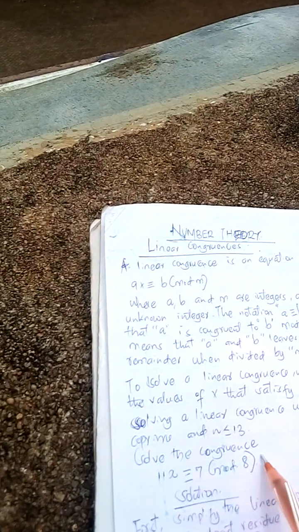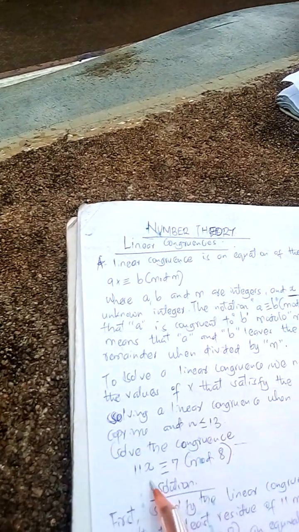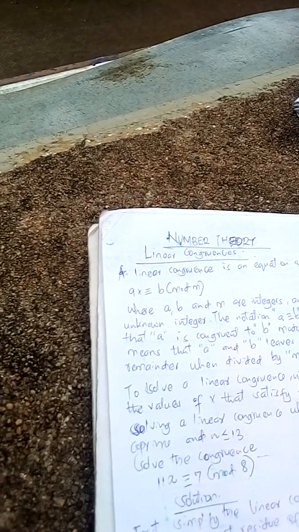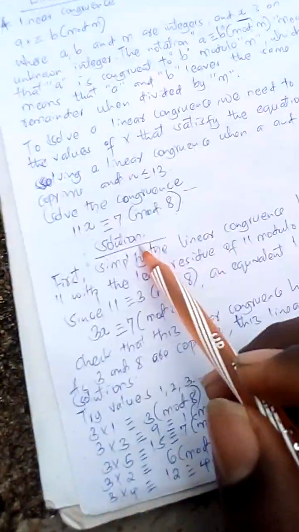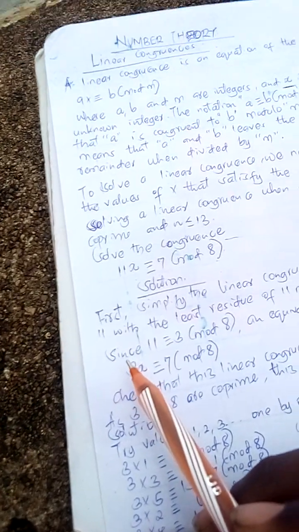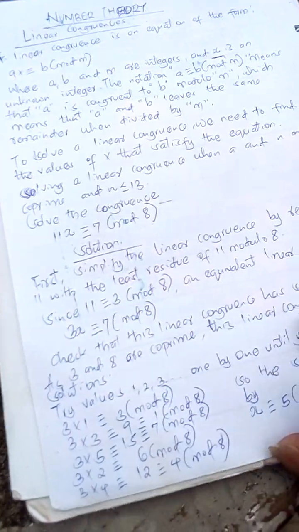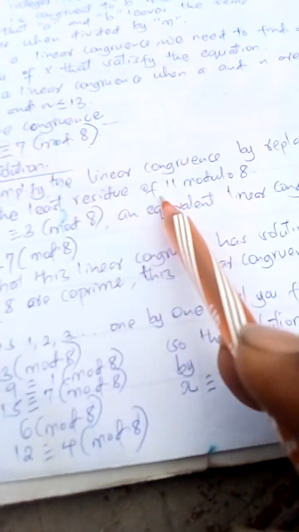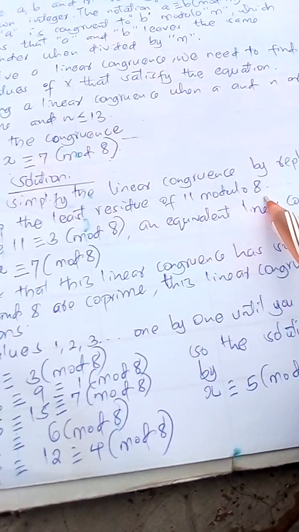So we are going to solve the congruence below: 11x ≡ 7 modulo 8. Here is our solution. First of all, we are going to simplify the linear congruence by replacing 11 with its least residue modulo 8.